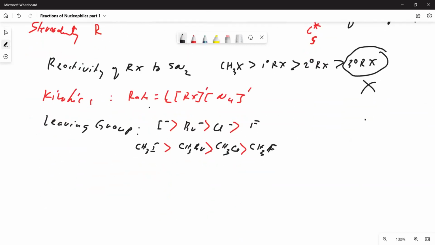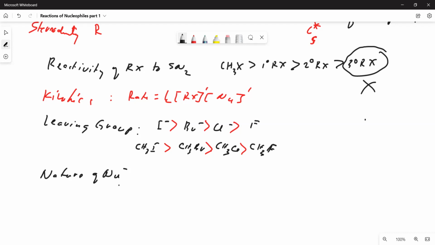How about the attacking nucleophile? The nature of the nucleophile. How does it affect the rate of SN2? Now you notice in the kinetics that the nucleophile participates in the rate of the reaction. And take note that in SN2 reaction, the nucleophile has to attack the carbon.